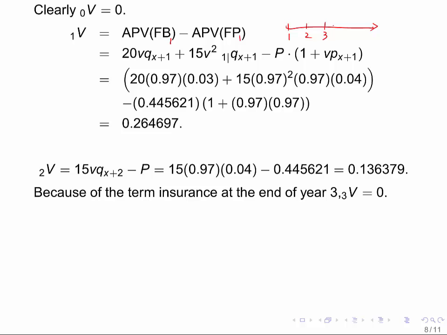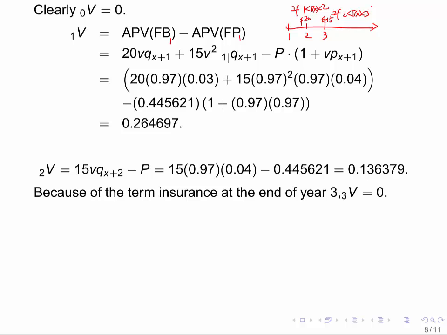And in the first year, which is from time 1 to time 2, there will be a benefit of $20 if death occurs between time 1 and time 2. And at time 3, there will be $15 of benefit if death occurs between time 2 and time 3.